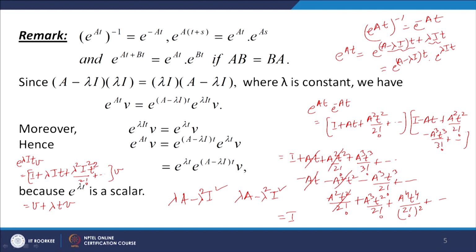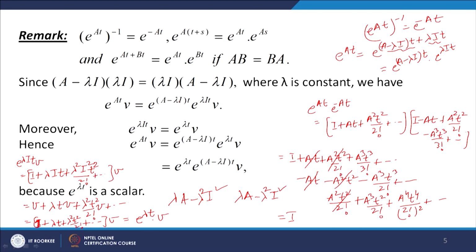So, lambda square t square I square into b is b. So, lambda square t square by 2 factorial into b and so on, or I can write it as 1 plus lambda t plus lambda square t square by 2 factorial and so on, where 1 is a scalar, into b, which is equal to e to the power lambda t into b.